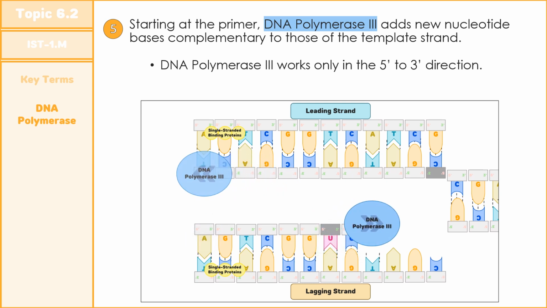It's important to note here that DNA polymerase III only works in the 5' to 3' direction. Okay, this is important. Remember the direction that DNA polymerase III is going to move in, because that creates differences between what we call our leading strand and our lagging strand.